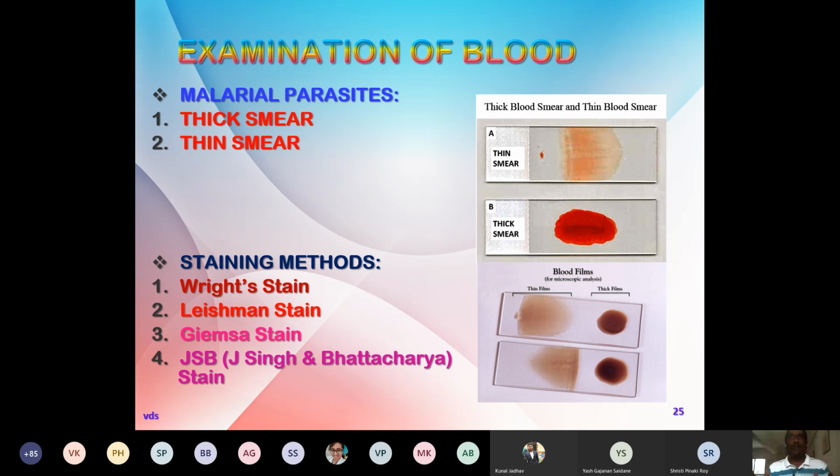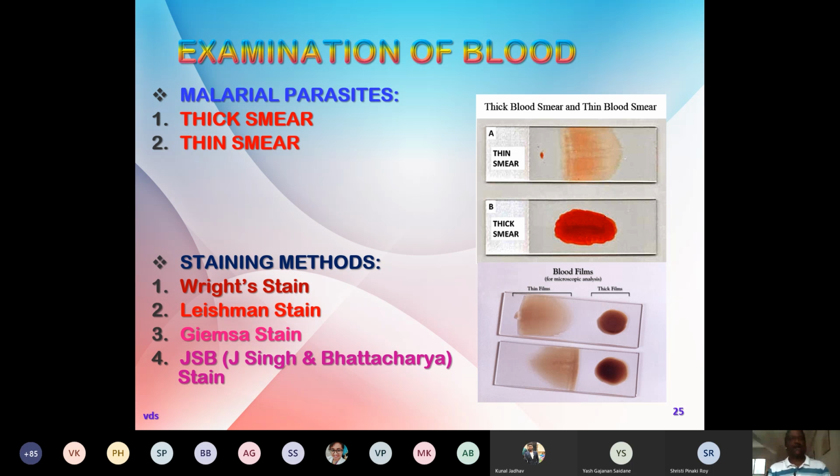But as we can observe a large number of cells together in a single field, it may reveal the presence of the parasite. The thin film is very important for the identification of the parasite, particularly the malarial parasite and the microfilaria. We can observe the details in one individual cell and identify the species as well.